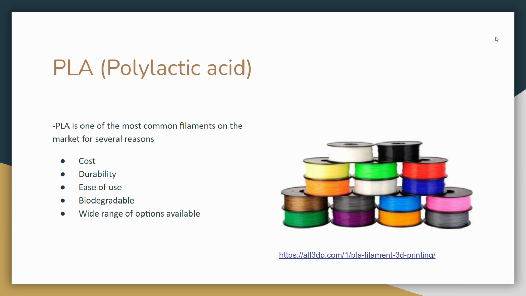Due to its popularity, there is a lot to choose from when it comes to colors and special subtypes of PLA filaments that can include other materials suspended in them, such as metals, to increase their mechanical strength and durability. PLA is also a biodegradable thermoplastic which makes it very easy to work with, and another reason that it is one of the most popular filament types on the market.